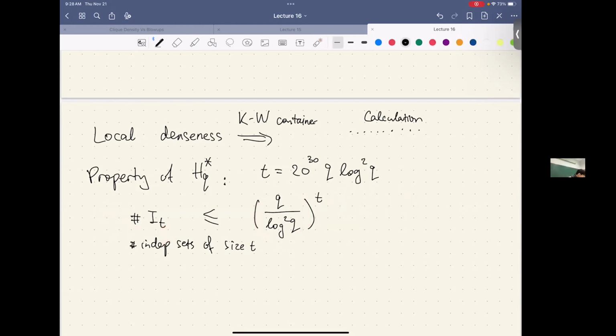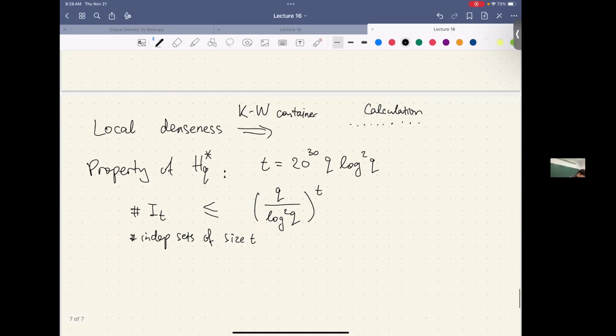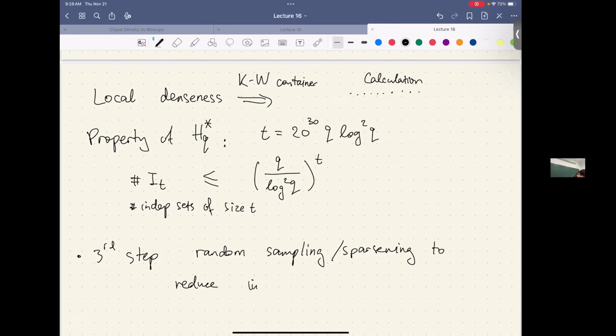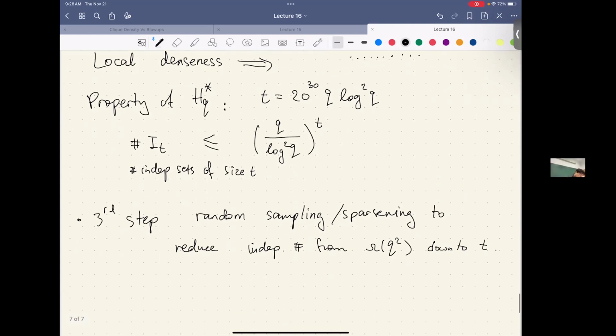Now the third step is random sampling or sparsening to reduce the independence number from Q squared down to T. So how do we do that?